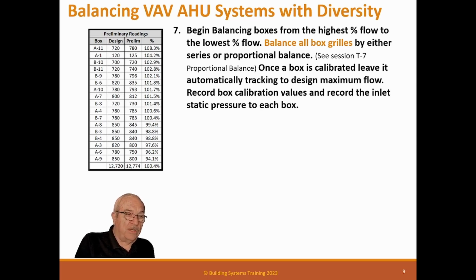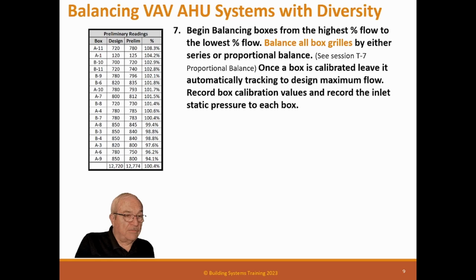But once you have the box calibrated, remember that calibration basically tells the box, okay, damper full open, we have 1,000 CFM, and he balanced it, and he wants 850 CFM. So it tells the box that full open position should be 850 CFM, and it knows where that is. So it calibrates the velocity pressure input signal to what the maximum flow of that box needs to be.